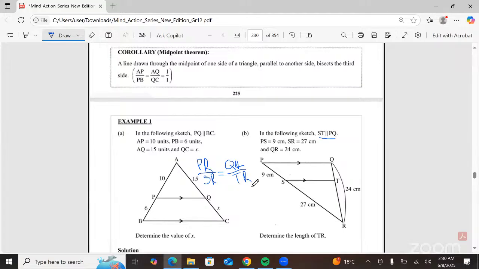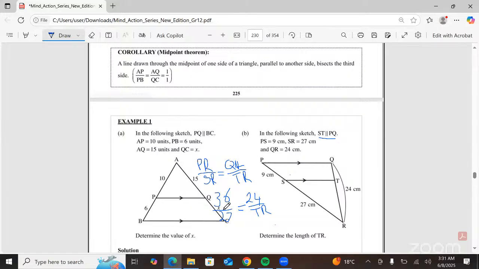Then we say PR, which is 36, over SR, which is 27, is equal to QR, which is 24, over TR. Okay, yes. And then you play around with your maths, cross multiply, to solve for the value of TR, right?